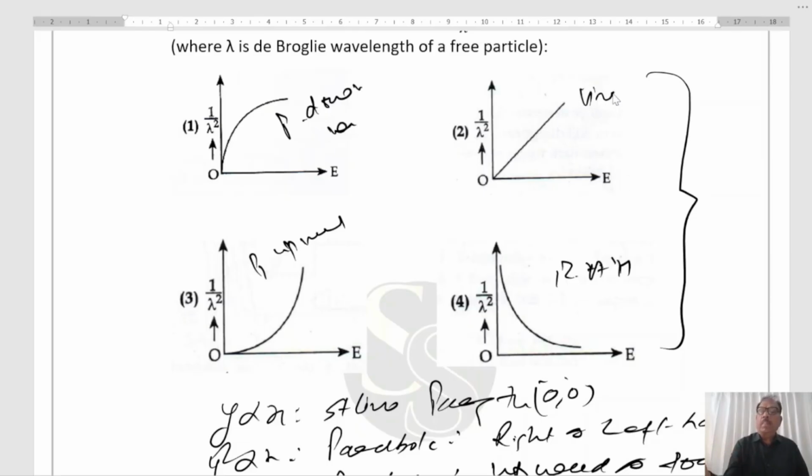This is a line passing through the origin.